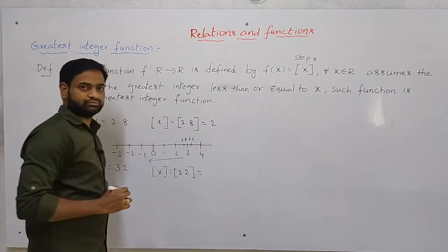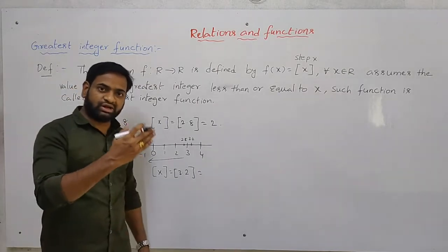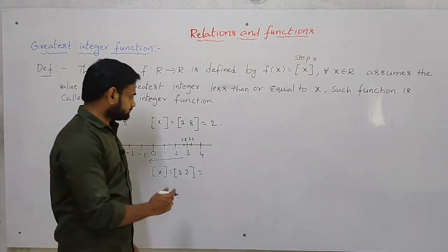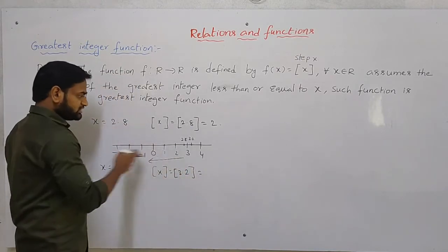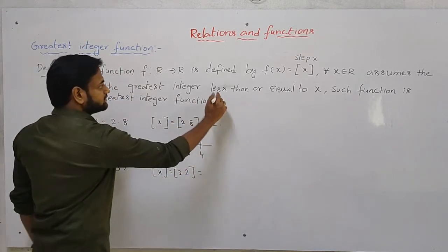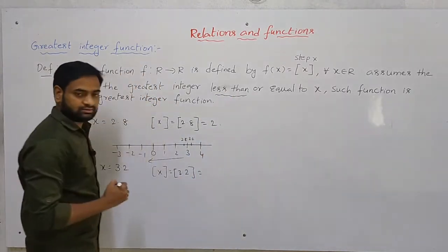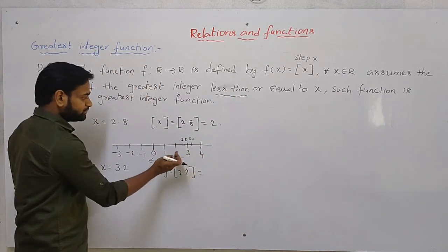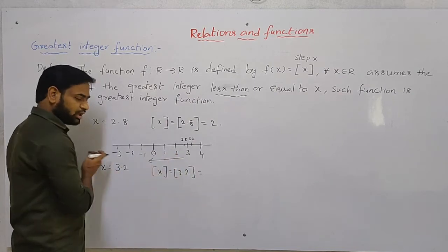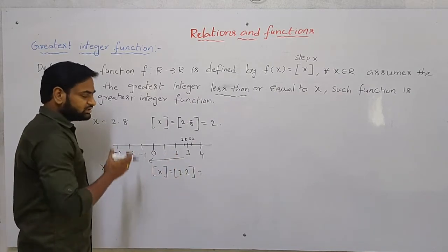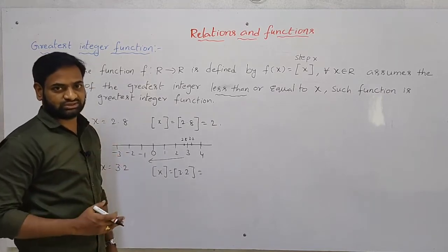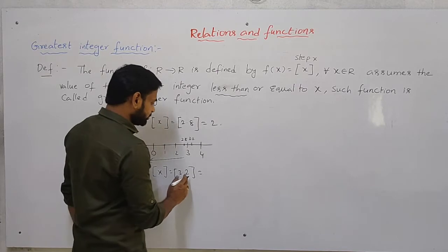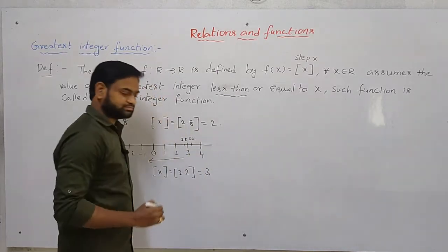Below 3.2, what are the integers we have? 3, 2, 1 and so on. Which is the biggest integer? That is 3. So step of 3.2 is 3.